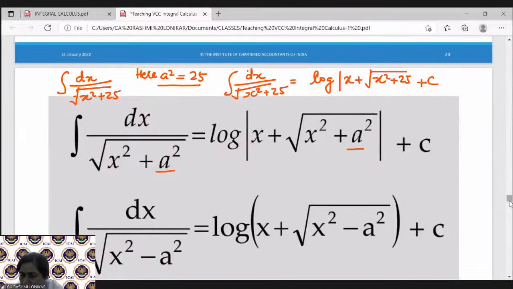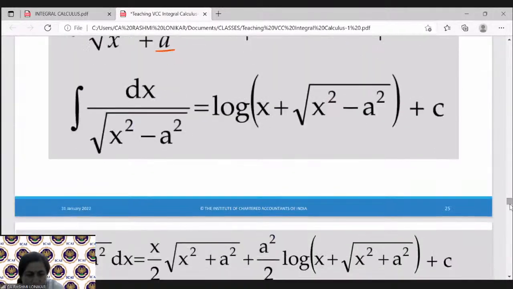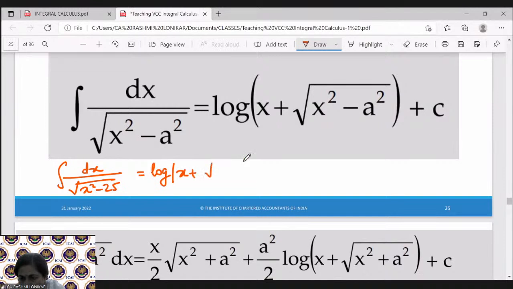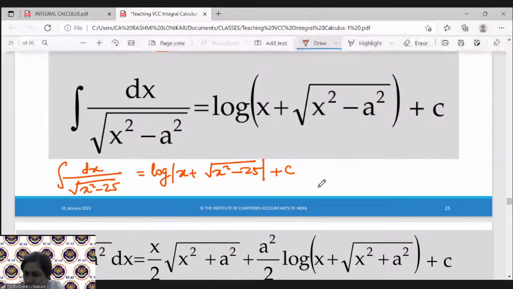And same thing, had the sum been minus, it would have been the integral of dx under root of x square minus 25, which will give you log of x plus square root of x square minus 25 plus c. Okay. So simple formula that we have.